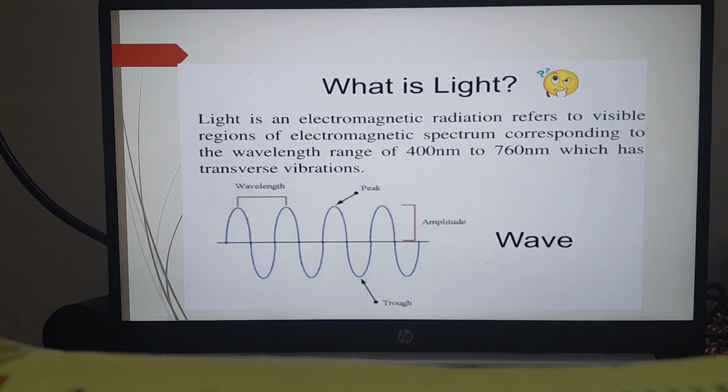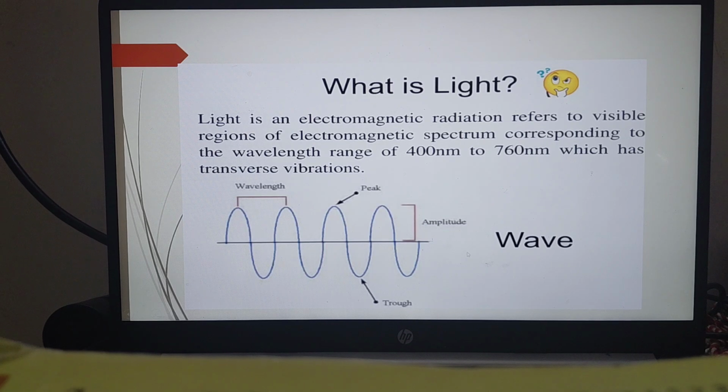So what is the range of wavelength the human eye can see? That is 400 nanometers to 760 nanometers, which is visible to the human eye, and that is known as light.